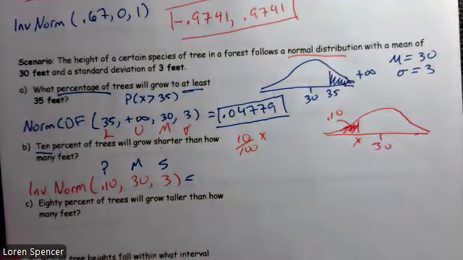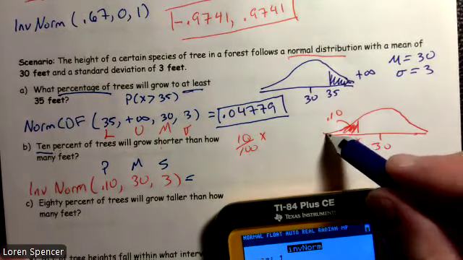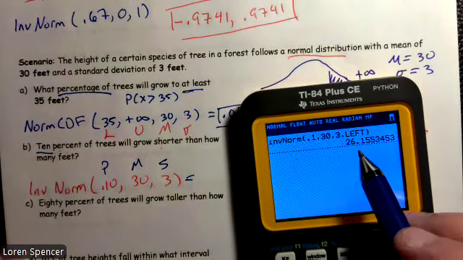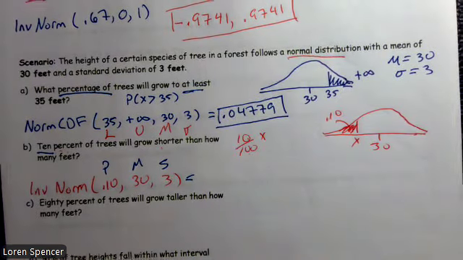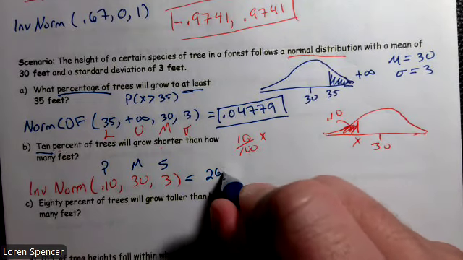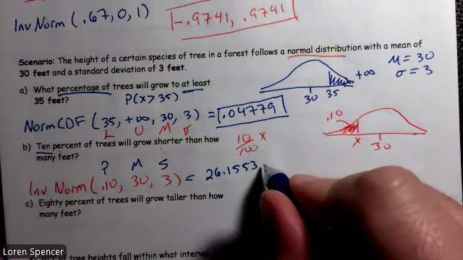That's our PMS. And we're shading from the left. And we end up getting 26.1553. And we're measuring in feet.